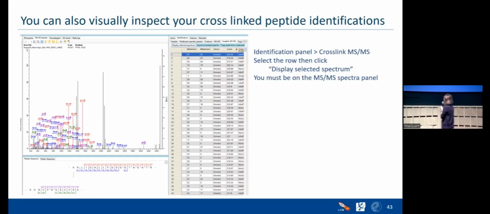And when you click display spectrum, you will see this kind of visualization on your MaxQuant result. So here we have the peptides, and the MSMS spectrum is annotated based on your fragmentation.